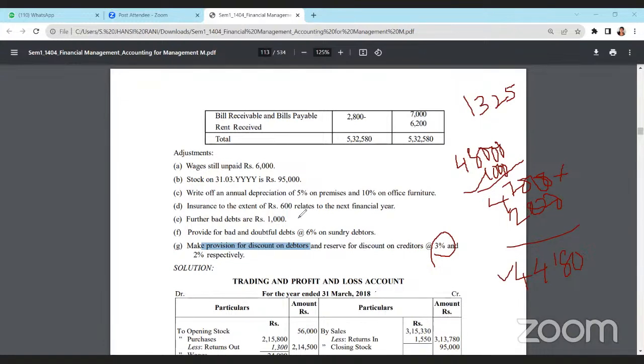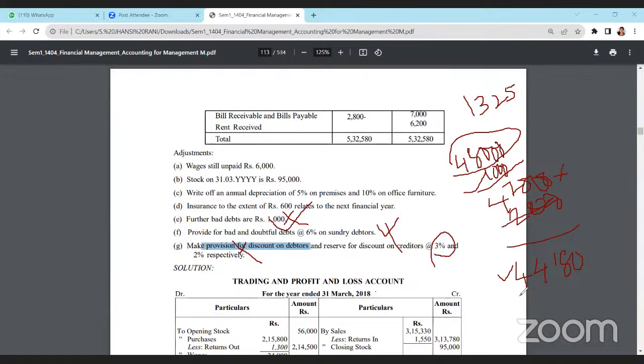For example, if bad debts is not given and discount is also not given, and only provision is given, then directly on the 48,000 we will calculate. Or sometimes there is no provision and no discount, only bad debts, so we'll only deduct 1,000.